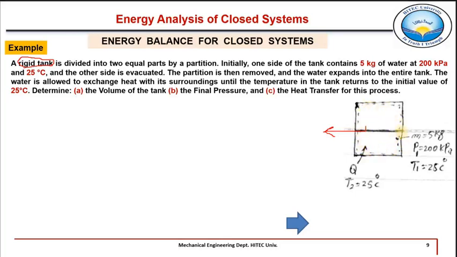When this water expands, its volume will increase and pressure will drop. When a substance expands from a smaller volume to a higher volume, its pressure drops, and the temperature will also tend to drop, because now the volume is expanding.